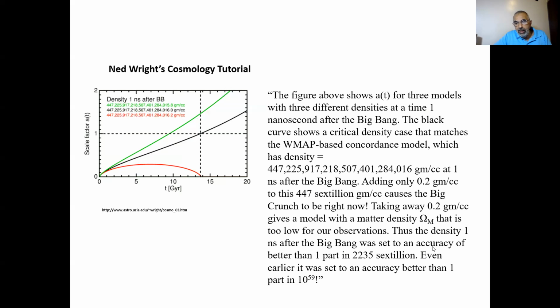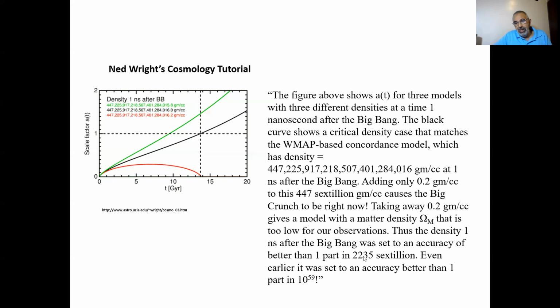And so the density of the Big Bang at 1 nanosecond after the explosion was set to an accuracy of better than 1 part in 2,235 sextillion. So you can imagine the fine tuning involved. So if you ever wanted to know what the density of the early universe was, here it is.